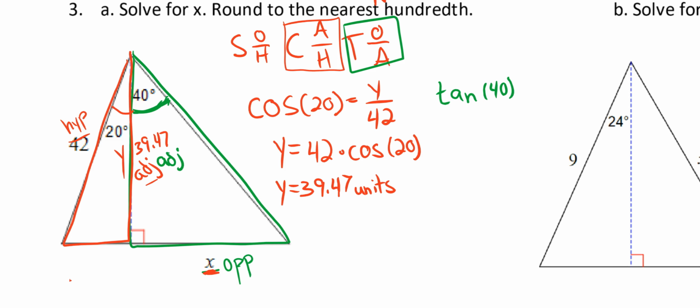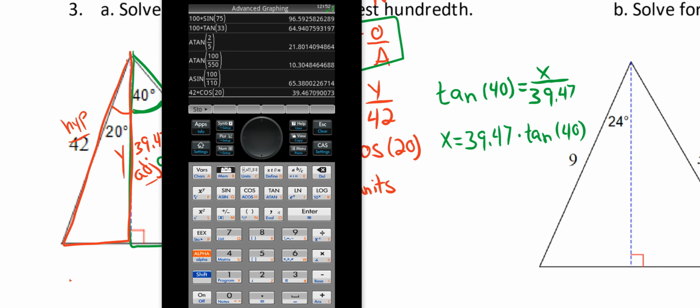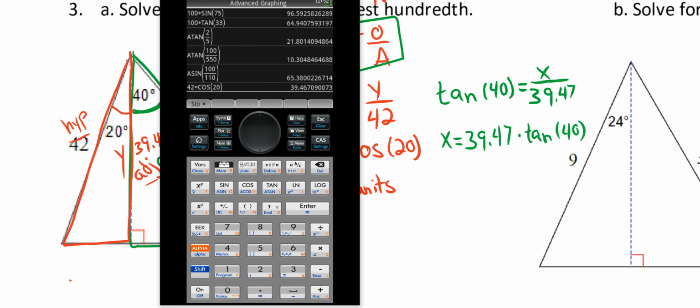39.47. Now from here, again, all you have to do is solve this equation. Variable's on the top, so we're going to multiply. So what we're going to get is x is equal to 39.47 times the tangent of 40. Again, this is just a calculator problem, so let's get out our calculator and put that in. 39.47 times the tangent of 40.